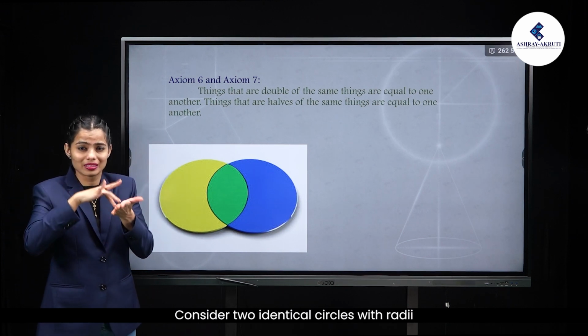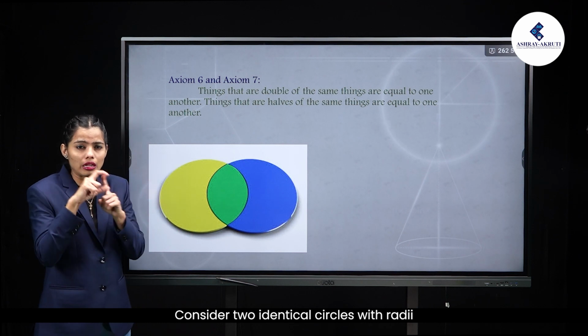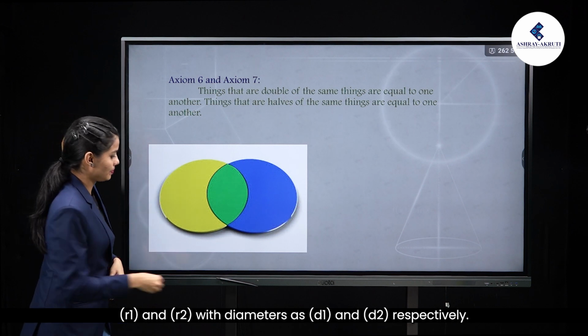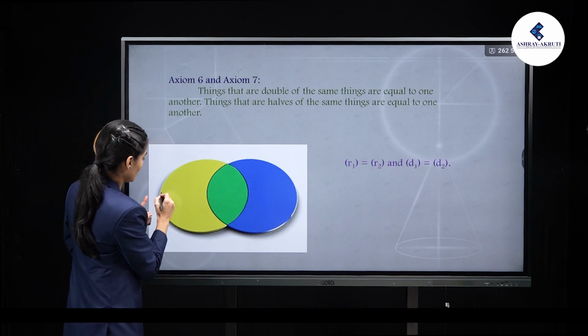Consider two identical circles with radii r1 and r2, with diameters d1 and d2 respectively.